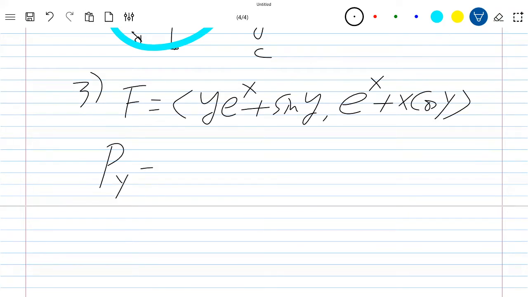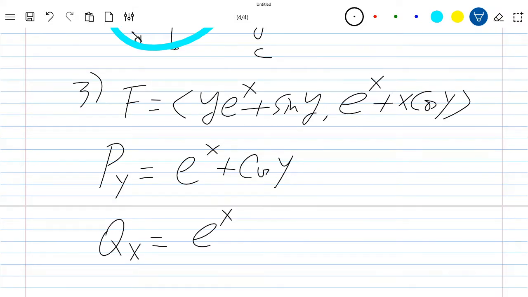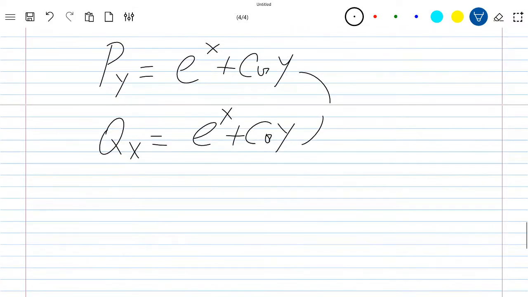P_y equals, remember P is supposed to be the x derivative of the function, so we take the y derivative, right? So P_y and Q_x. Take the y derivative, so y is a variable and x is a constant. And what is Q_x? Now x is a variable and y is a constant. Yes, they are the same, right? They're equal. So it's a potential field.